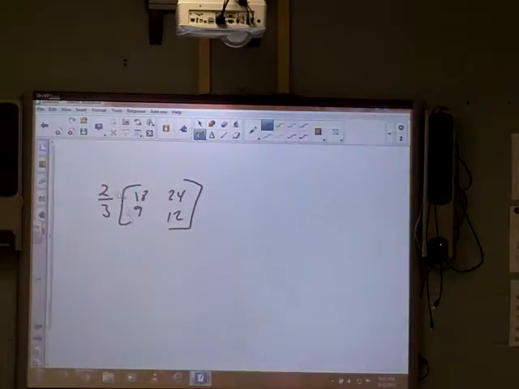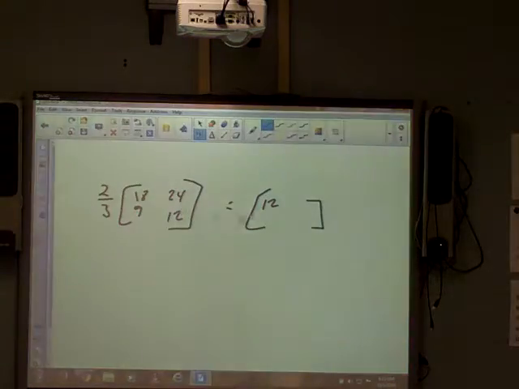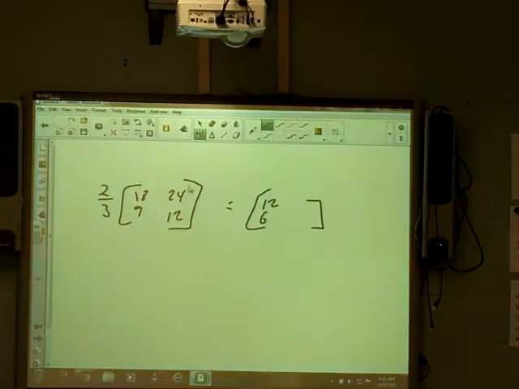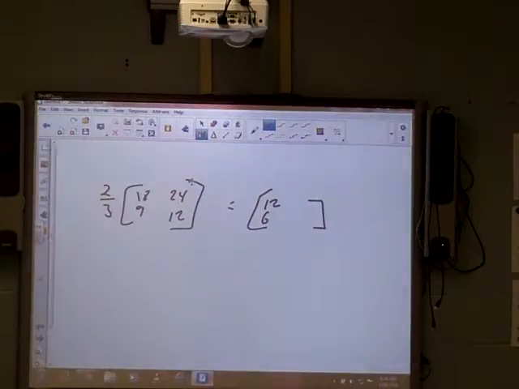So we're going to take 2/3. Since this is a 2 by 2 matrix, my answer will be a 2 by 2 matrix. 2/3 times 18 is 12. 2/3 times 9 is 6. 2/3 times 24 is 16.